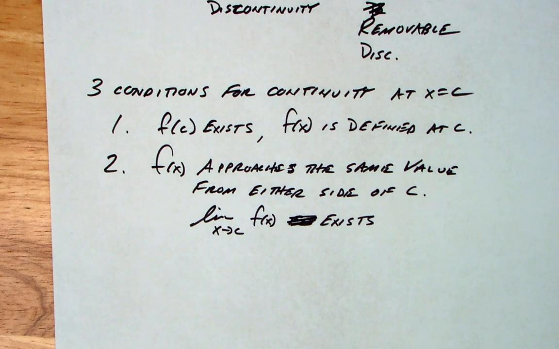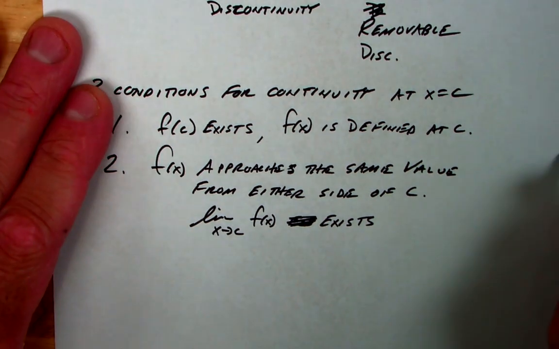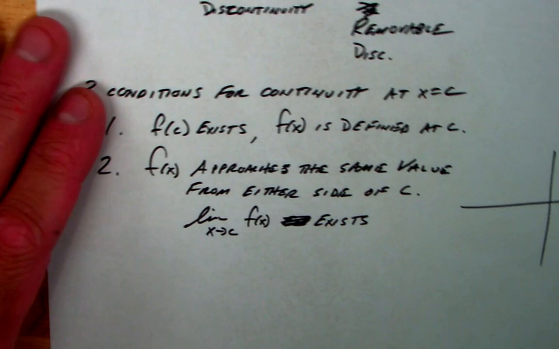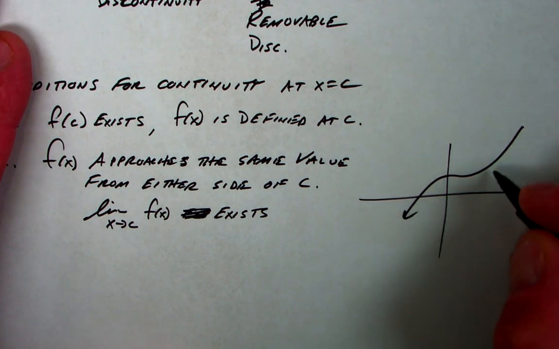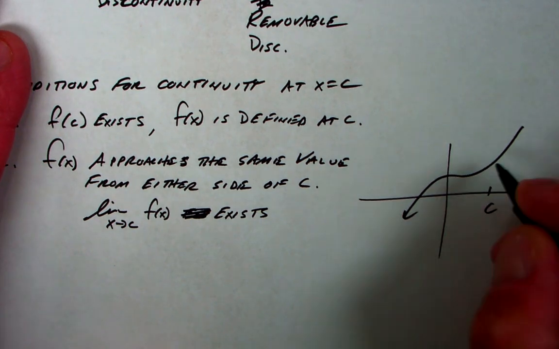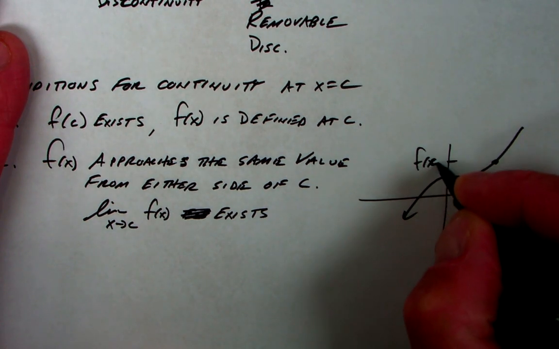So then what is the limit getting closer and closer to? If I was going to clarify this with a graph, let's say I'm taking a look at c. Then this is f of c.